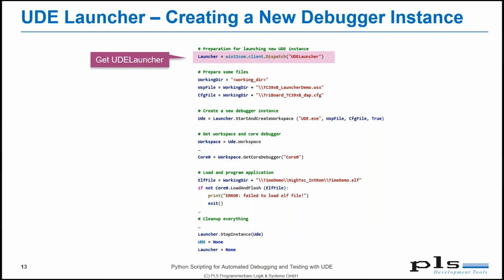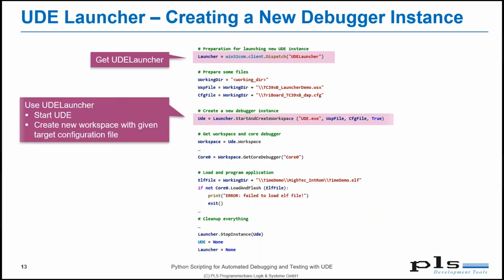You have to use the UDE launcher as the starting point. The UDE launcher has a lot of options to start UDE. One of them is start UDE and create a new workspace file. So you provide the workspace file name, and then you also provide a target configuration file, which has to be in place on your computer.